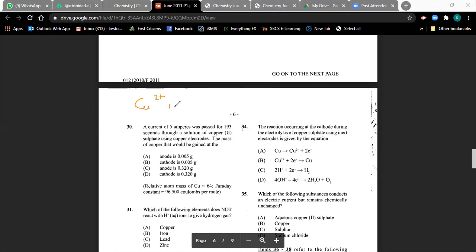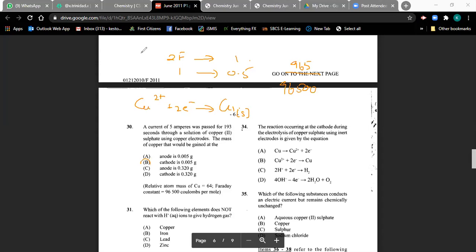Copper 2 plus plus 2 electrons to give copper solid, right? So you need 2 Faradays to produce 1 mole, and here we're talking about 965 coulombs. So 1 Faraday would produce 0.5, so 965 divided by 96,500 multiplied by 0.5 equals 0.005. B.